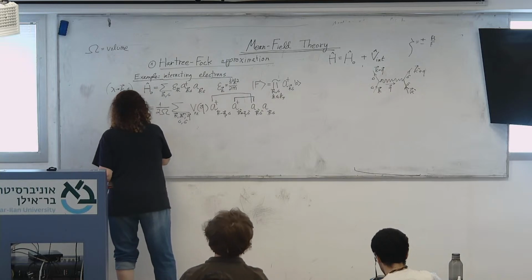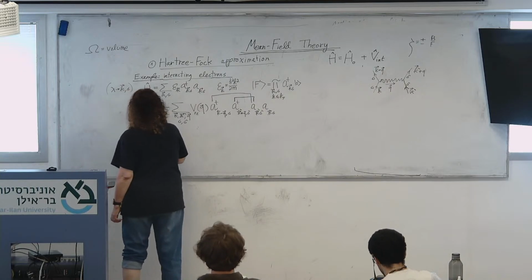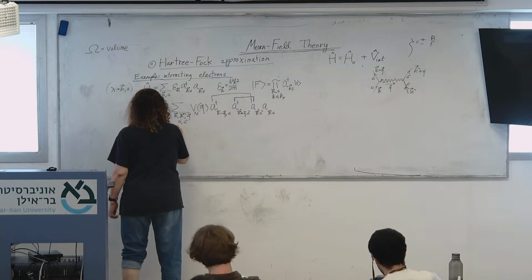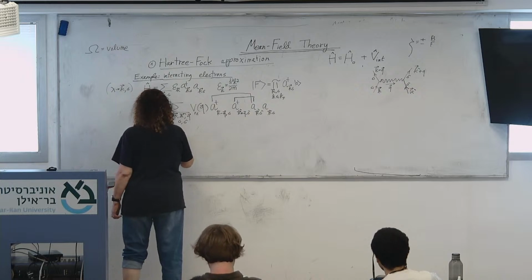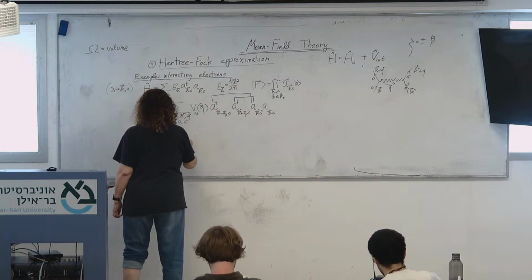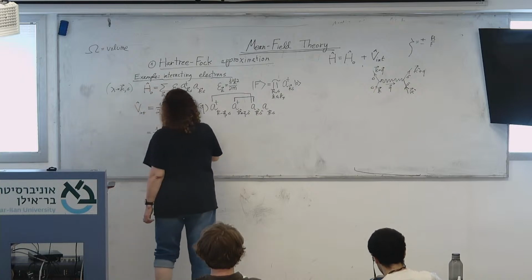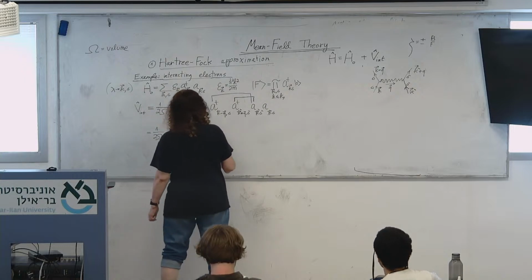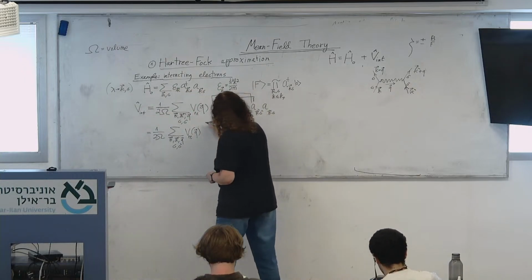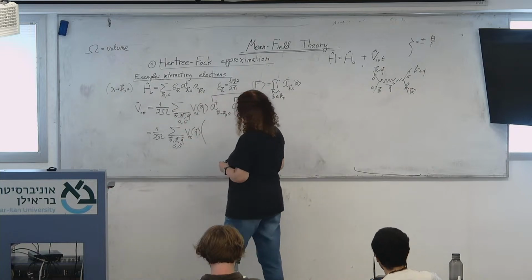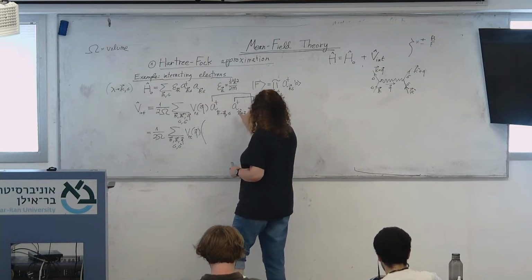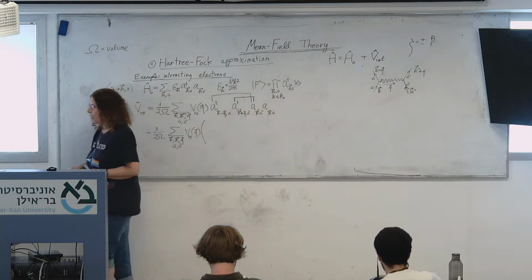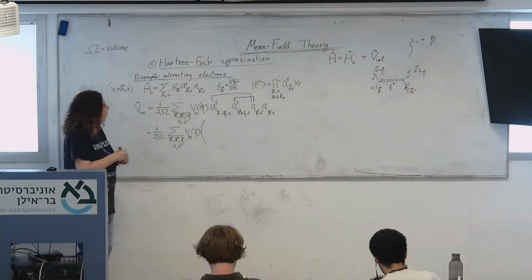So this will give me a sum over k, k prime, q, sigma and sigma prime, V Coulomb of q, V of q. And now let's open the bracket, and I write the Hartree part. I will write in blue.